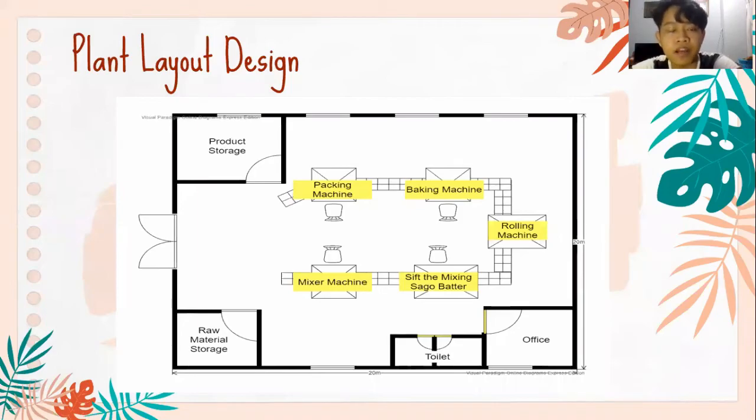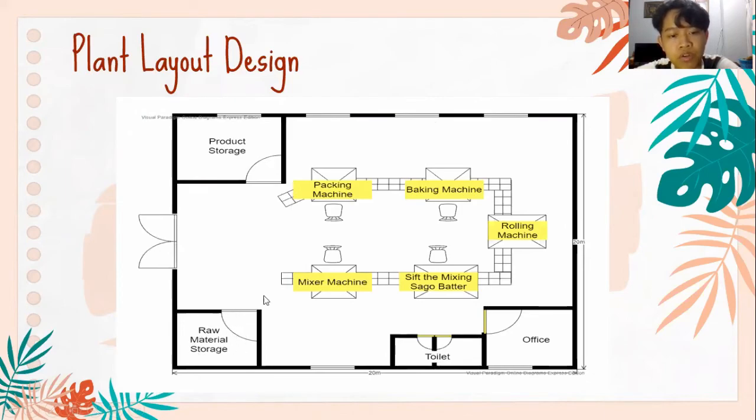For the plant layout design, we have come up with this design for the new project. So this is the door. When people come inside the factory, the first part they can see is the raw material storage.